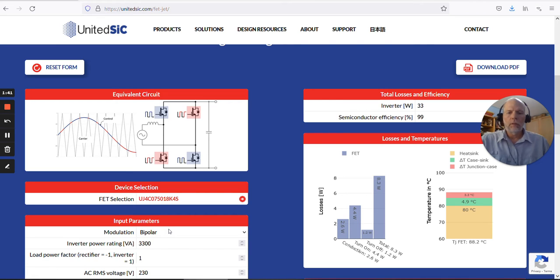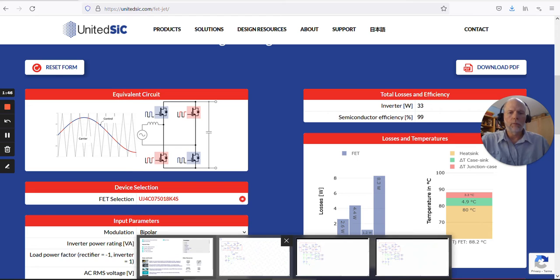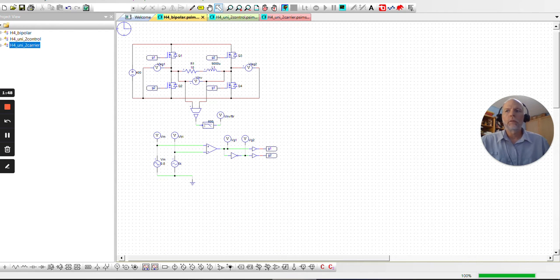Okay, so let's take a look at some simulation waveforms. PSIM is a program that's very easy to use. So we draw a little schematic with an RL load, H-Bridge, and run it.